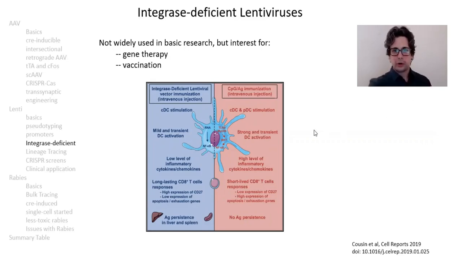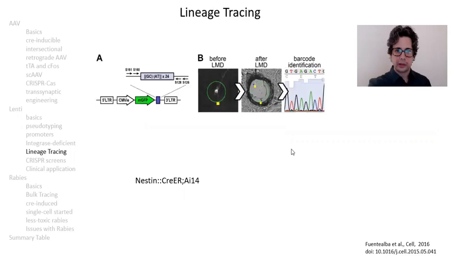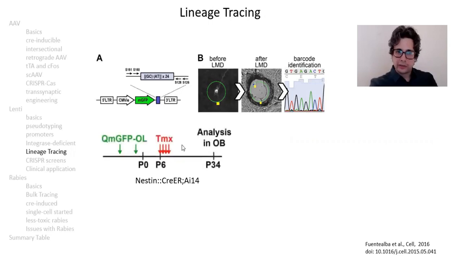We'll be talking a bit more later about why the integration of the lentivirus is a particular problem for clinical applications. However, this ability for the virus to integrate into the genome allows for something called lineage tracing, where you can infect cells in development, which then lets you see their progeny.